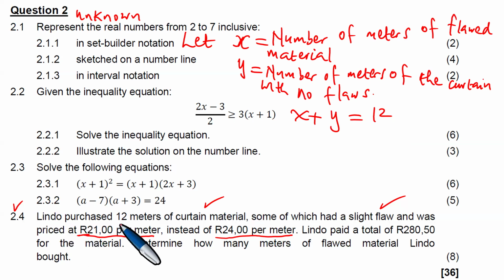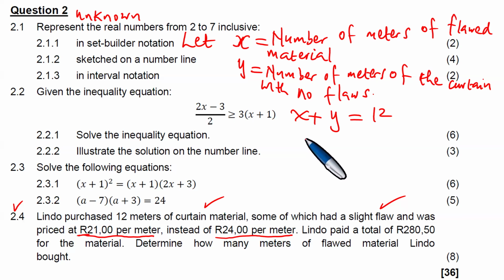But Linda purchased 12 meters of curtain material. The damaged part and the part that was okay, if you add everything, you get 12, because Linda purchased 12 meters of the curtain, some of which had a slight flaw.